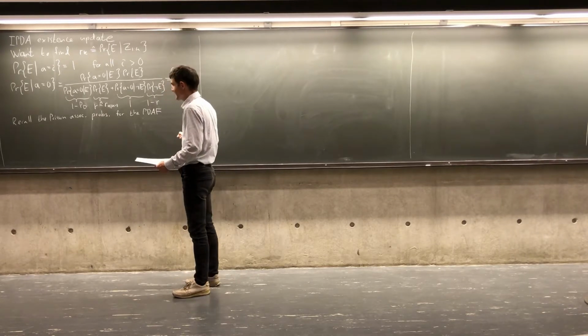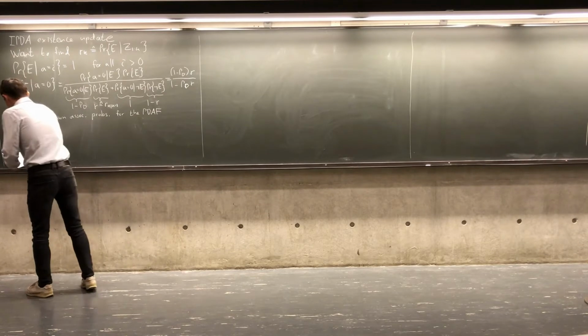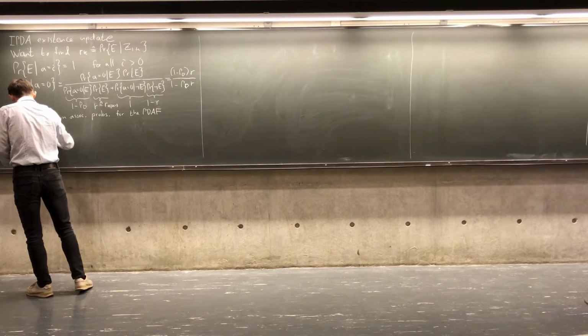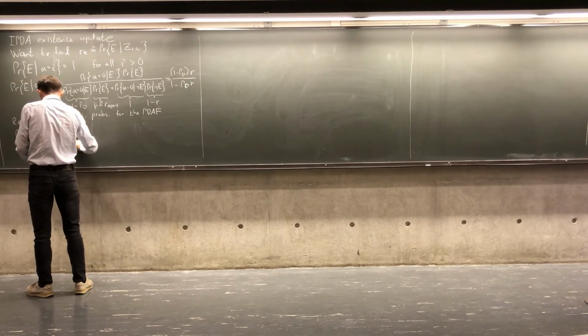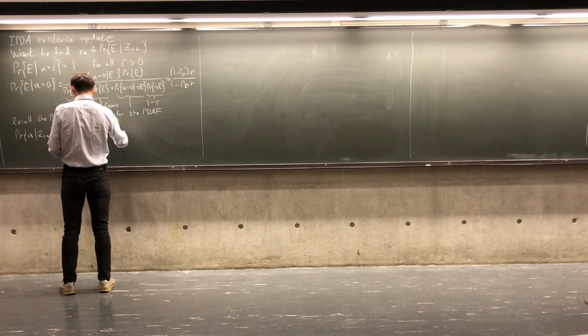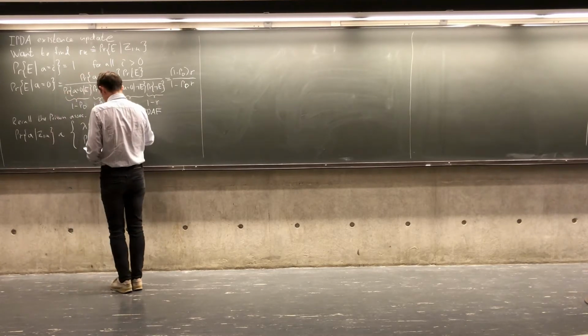Forget about the diffuse case. Then my expression was that the probability of the association A, given all the data, is proportional to either lambda, the clutter density, times the misdetection probability, or the detection probability times this Gaussian likelihood.